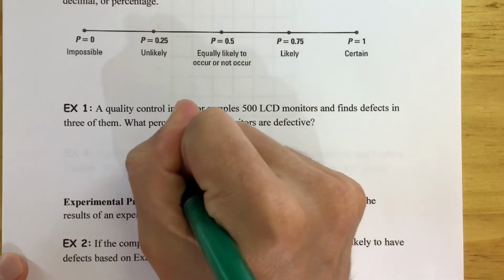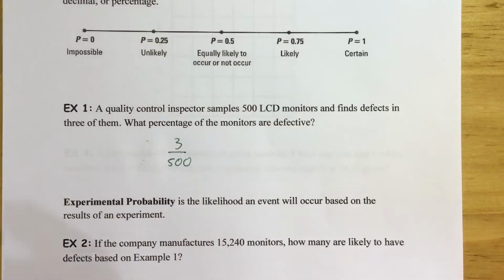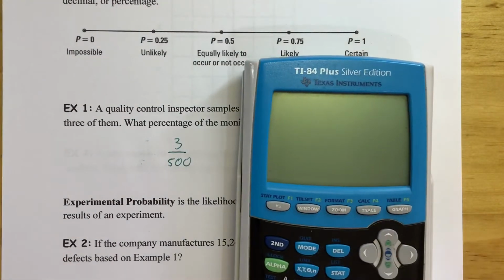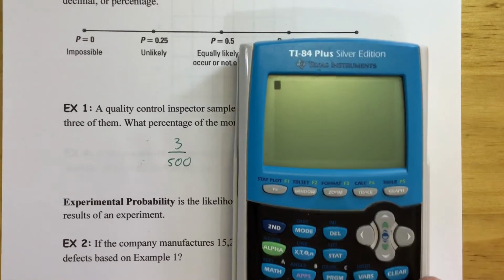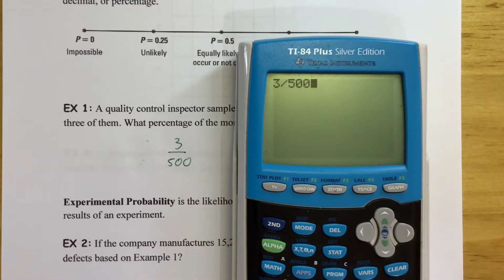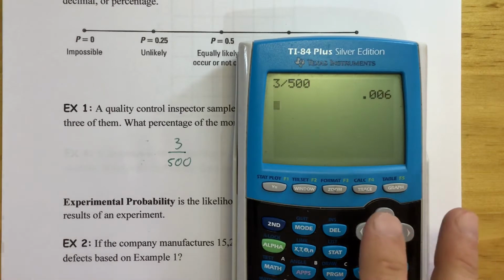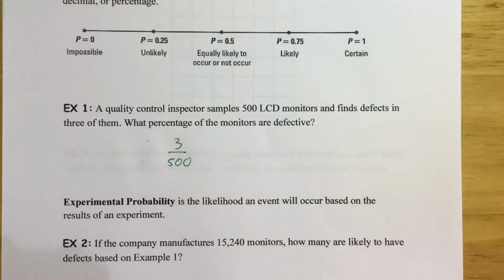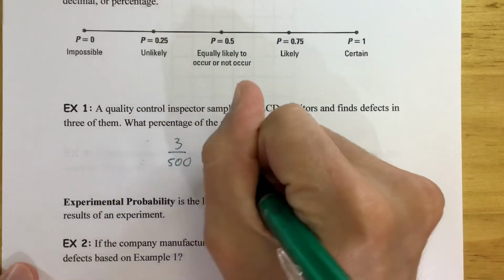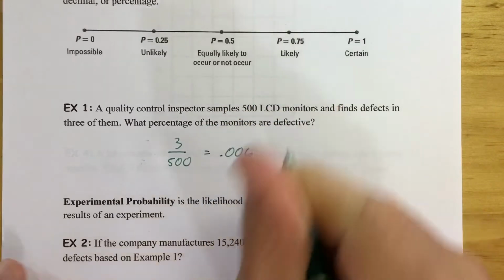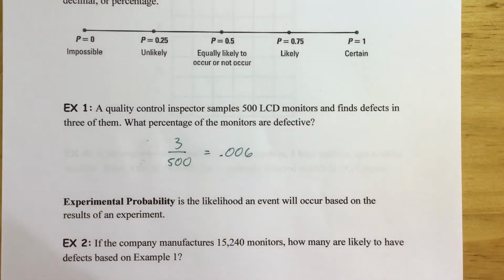Okay, so I'm going to start with 3 over 500 because it means that 3 out of those 500 were defective. If I divide those numbers, I get 0.006. Now that would be a raw number from the division.